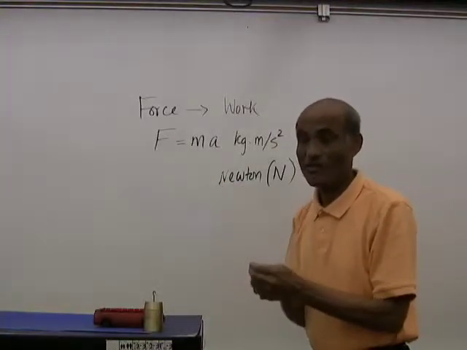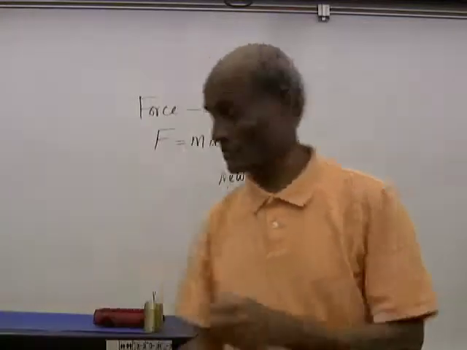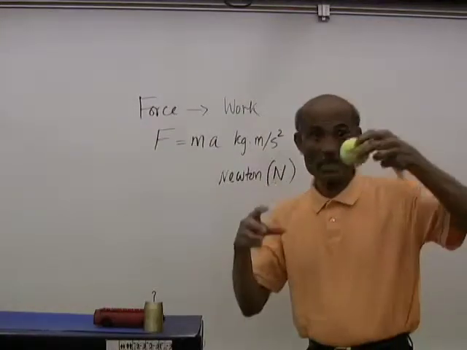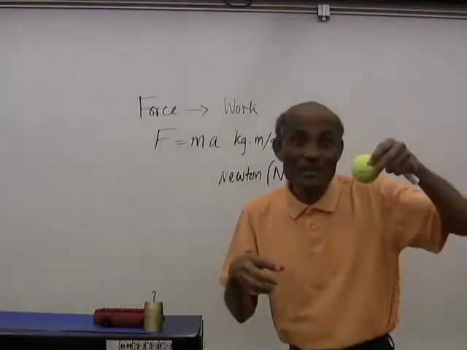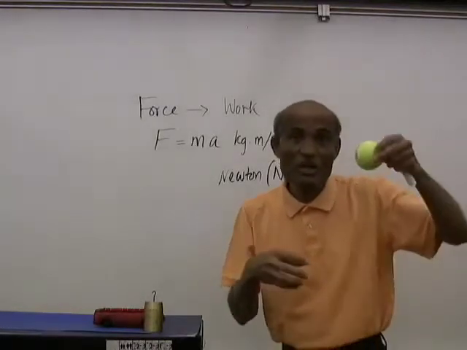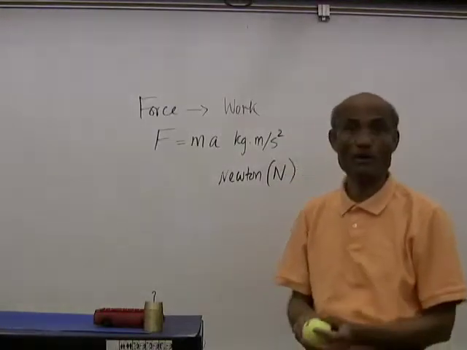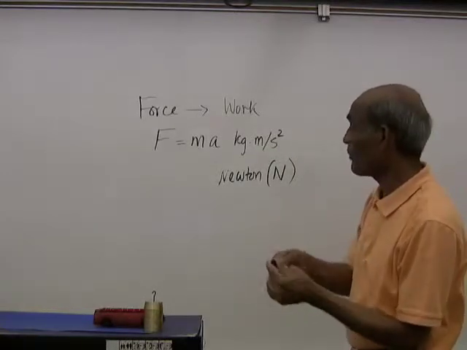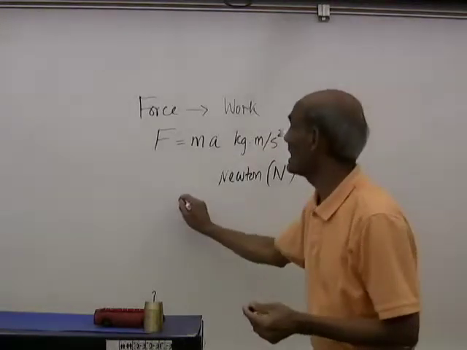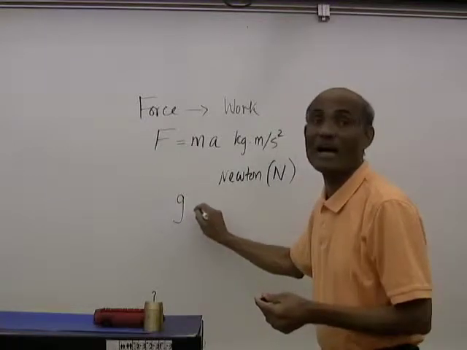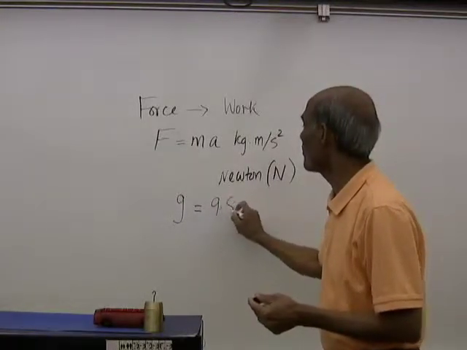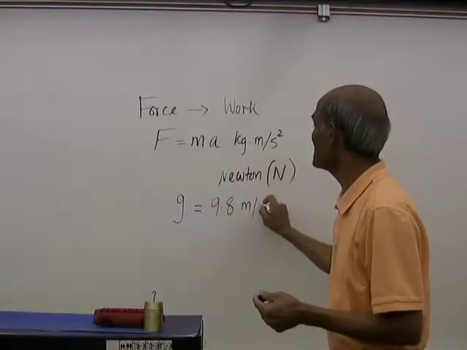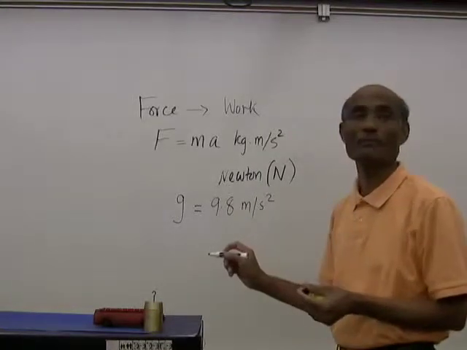That means if I leave this object, I don't want to drop this one, but here, if I drop this, it's going to go down with an acceleration. What is the acceleration of free fall? The acceleration of free fall is represented as g, and its normal value is 9.8 meter per second squared.